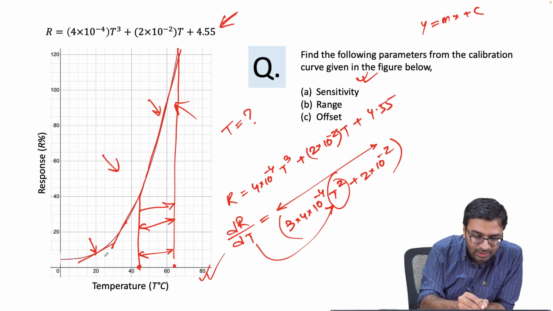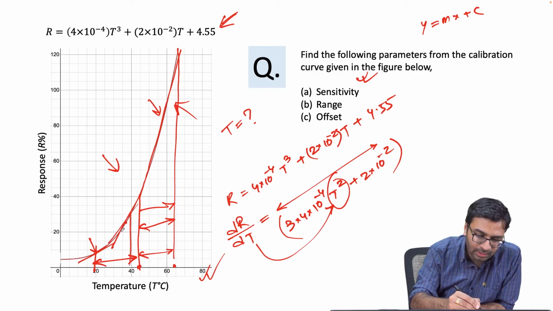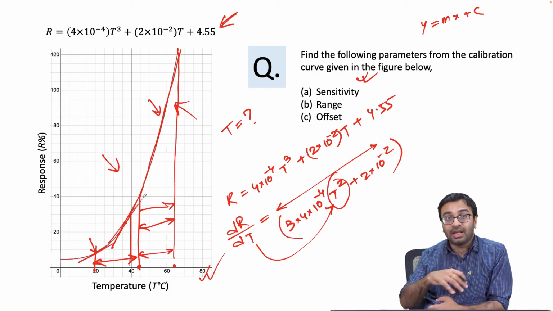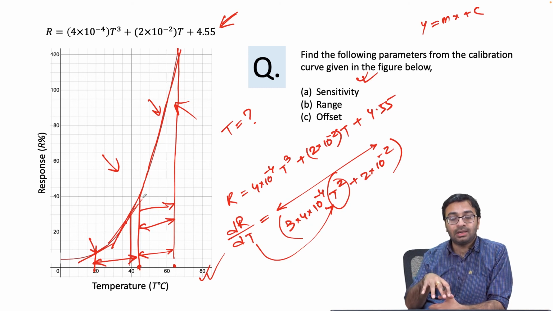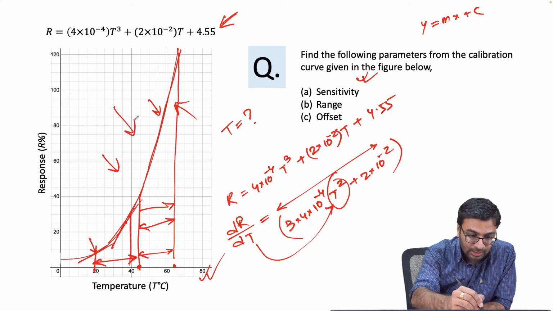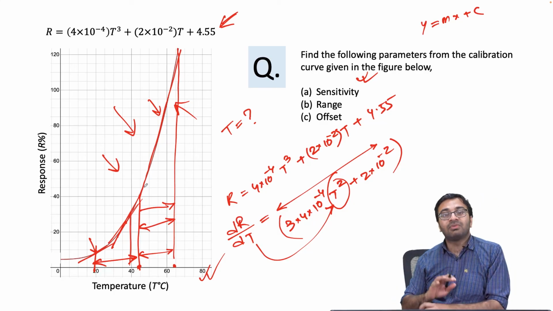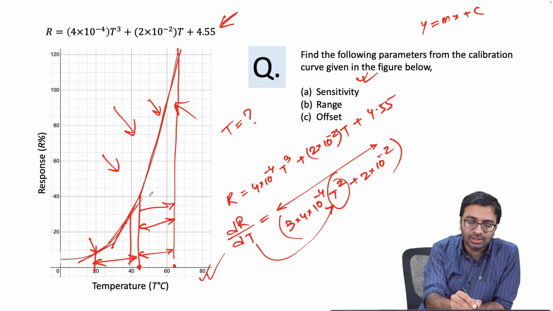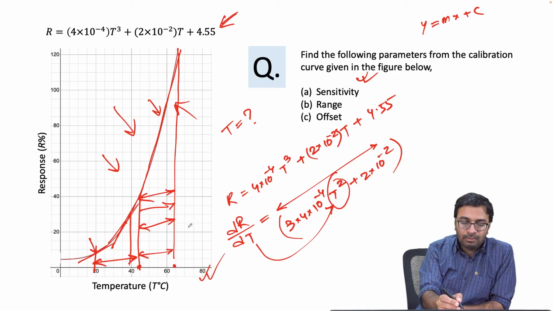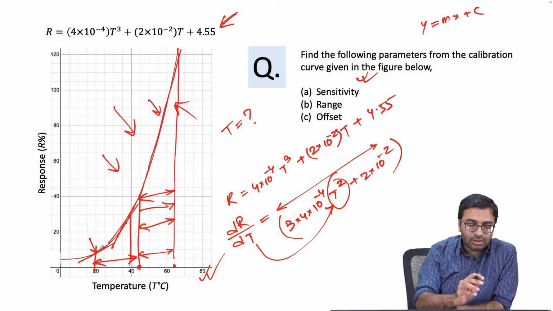However, if you look at the range from 20 to say 40, the slope is actually varying with temperature, right. So this particular calibration curve has a fairly linear response in this range, but in the low temperature range, it's not that linear.